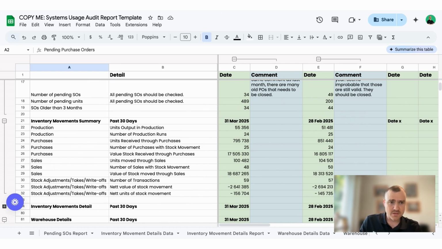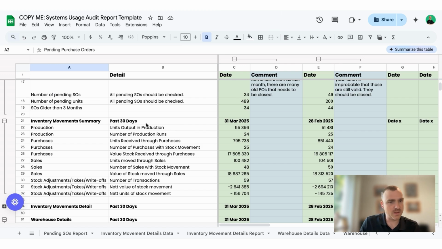Okay, so obviously, if you are a manufacturing business, very important to monitor the production levels. So to look at the output, so how many units you've produced in the month, and the number of production runs you've done, and just check that on a month-to-month basis.